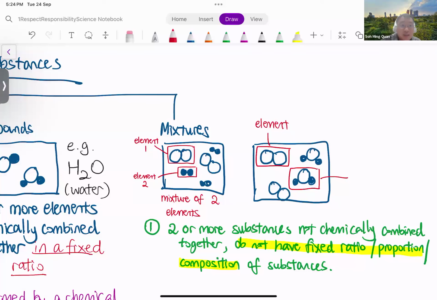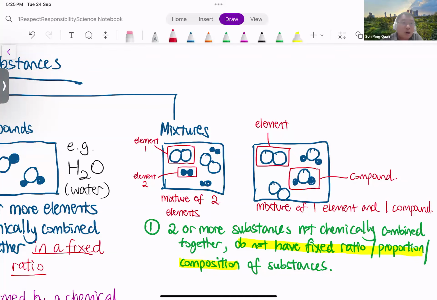When they are joined, it means it's chemically combined. That means this box where two dark circles join to the white circle is a compound. So what would you call the box on the right-hand side? This is a mixture of one element and one compound. Because I know that there's an element, I also know that there's a compound inside this mixture.